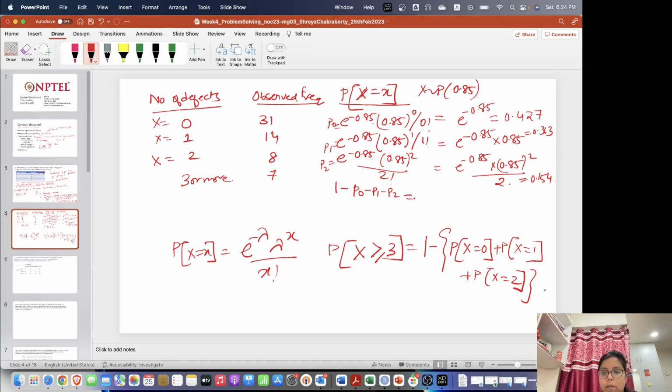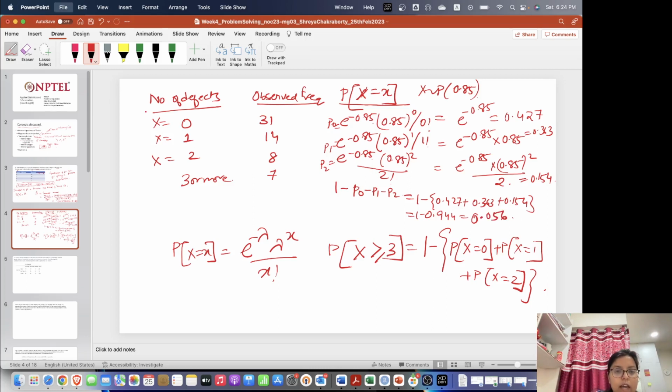So then this will be 1 minus adding these three, 0.427 plus 0.363 plus 0.154. This will be 1 minus 0.944, which is 0.056.